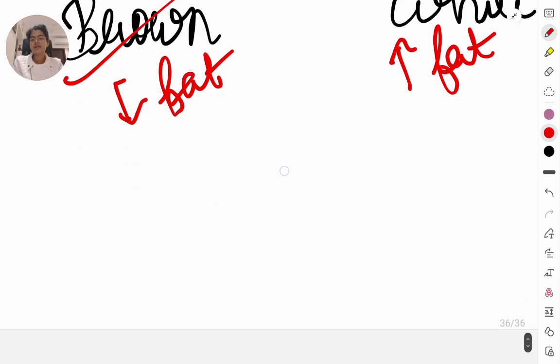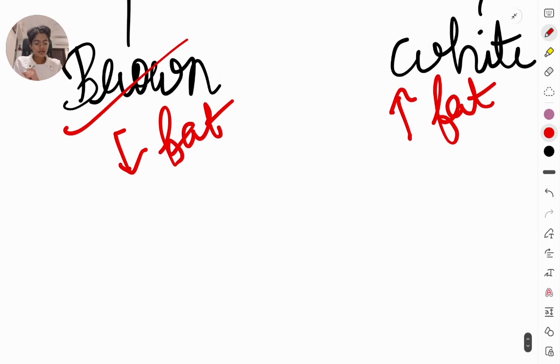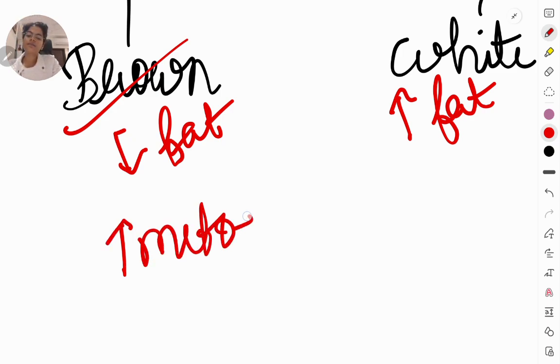So this is the thing. And in obese person, there is almost no brown adipose tissue. Now in the case of brown adipose tissue, there is a high mitochondria and cytochrome.